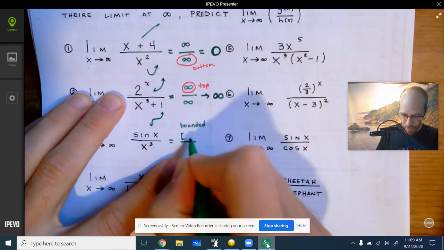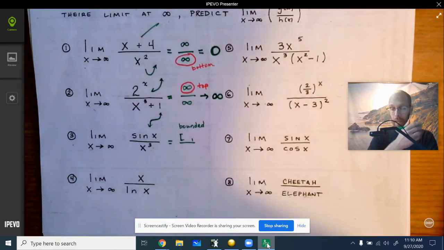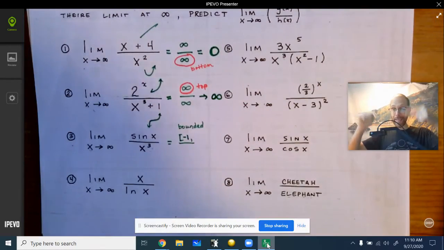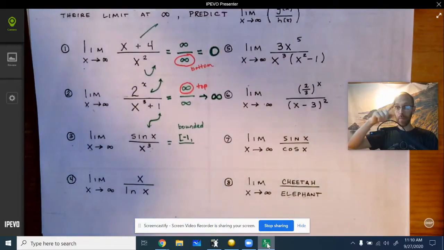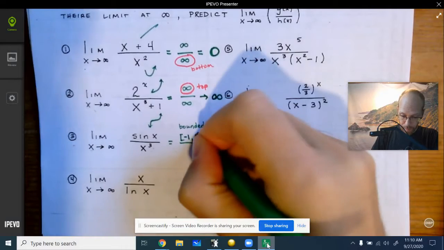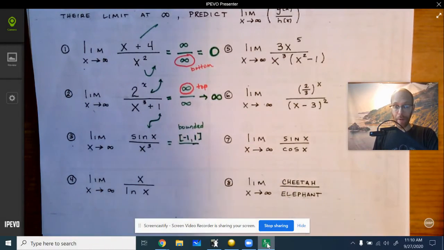And how is it bounded? Well, what's the smallest that the sine of x can ever be? -1. What's the biggest that sine of x can ever be? Well, the largest it ever gets is 1. So this is bounded.